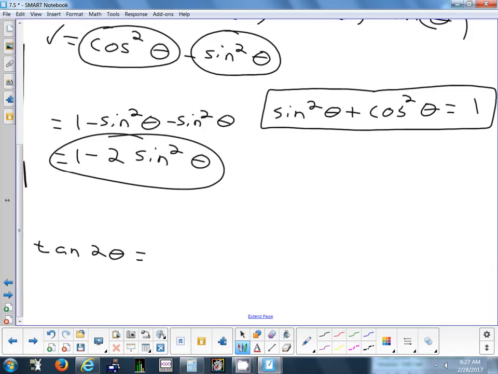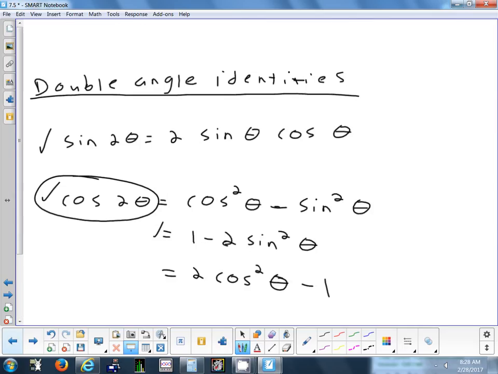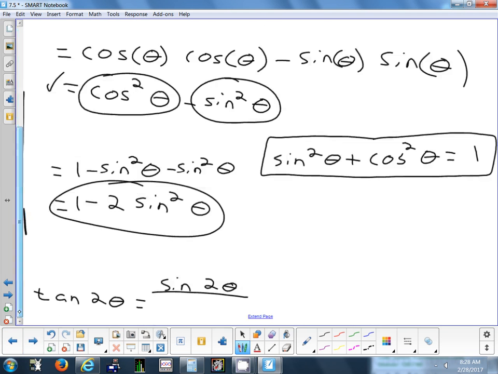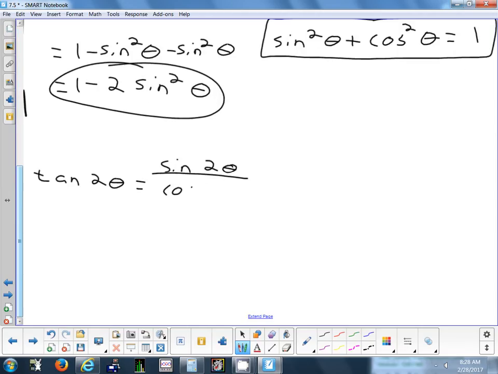Yeah? Exactly. You could write it as sine 2 theta over cosine 2 theta, because you know that. So that's one way you could figure out the tangent of a double angle.